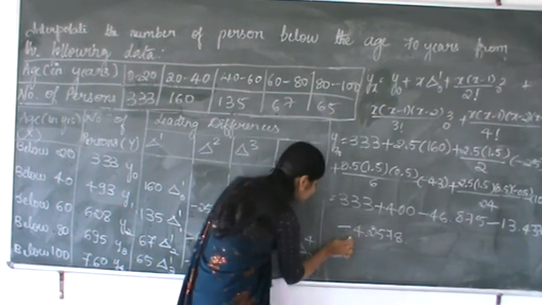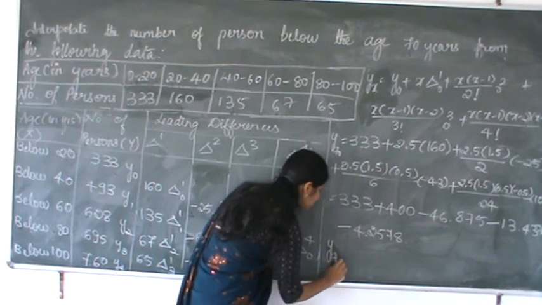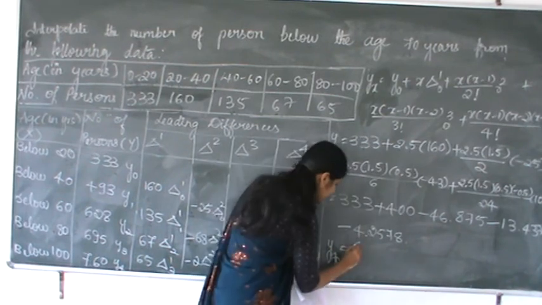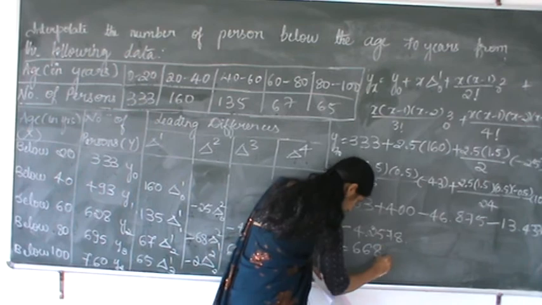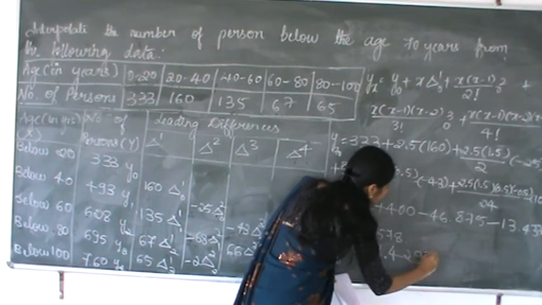The answer comes to y70 equal to 668.4297.